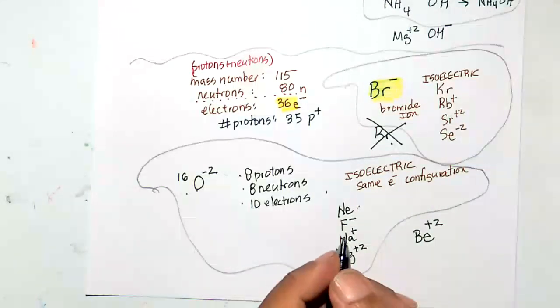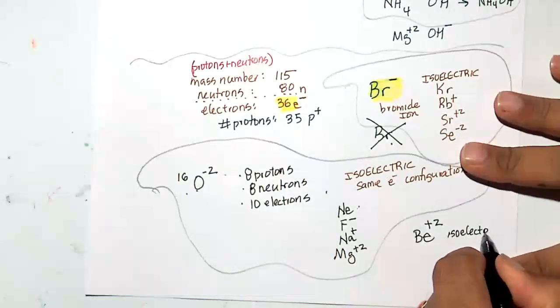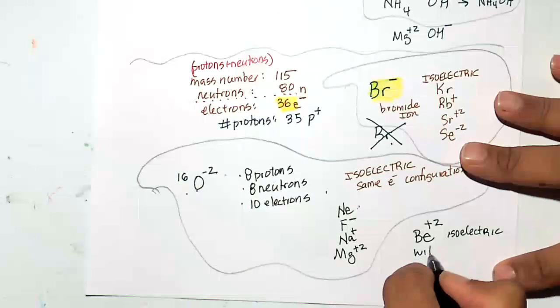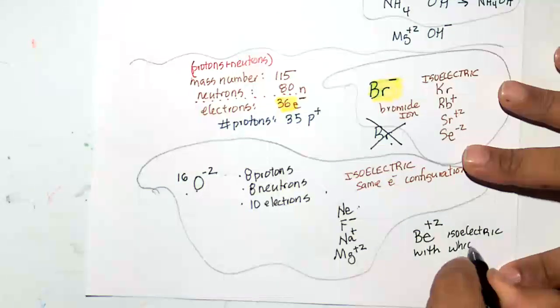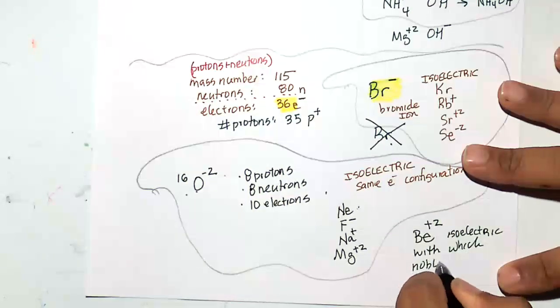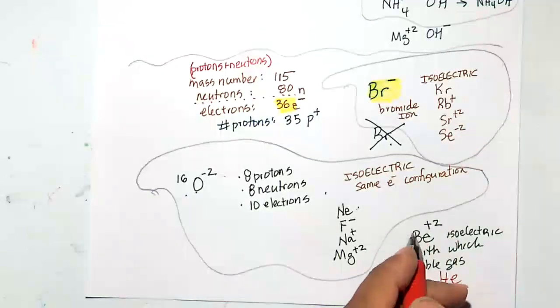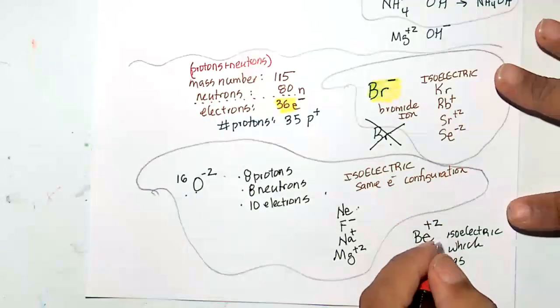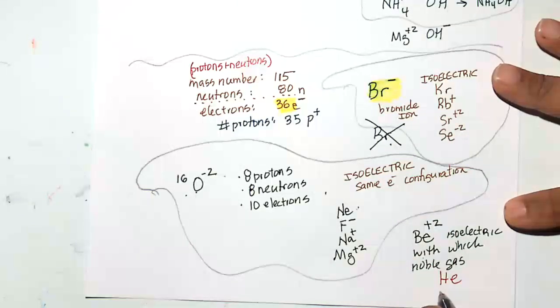So that would be isoelectronic with what noble gas? Okay, with which noble gas? Helium. Okay, helium. Everyone see this? And how many electrons would that be? 2. Okay, 2.